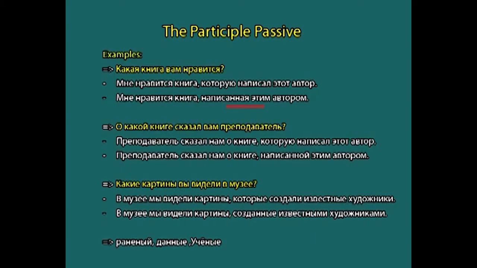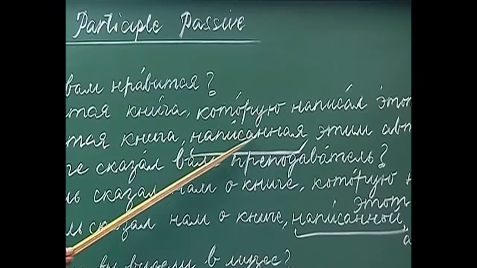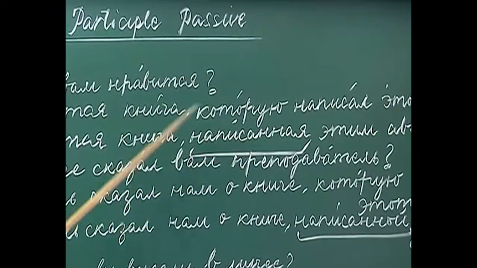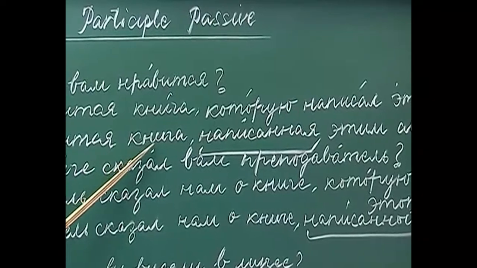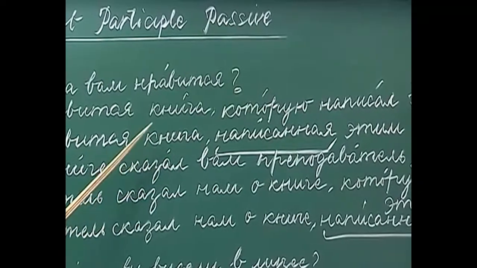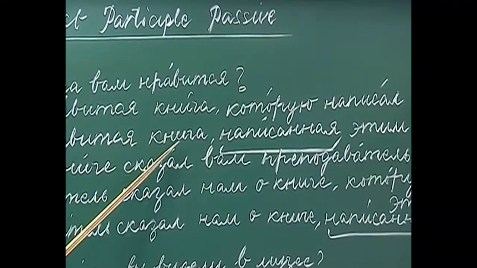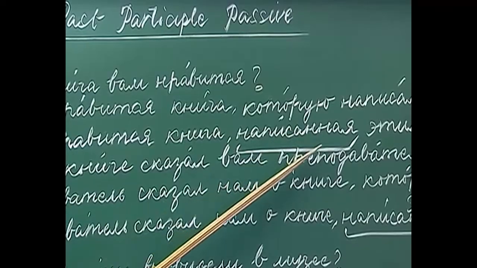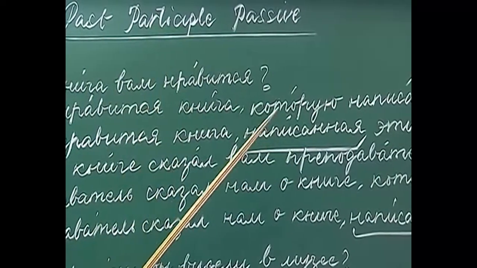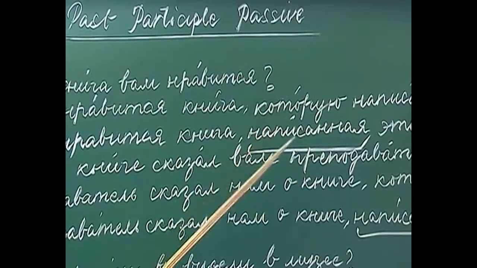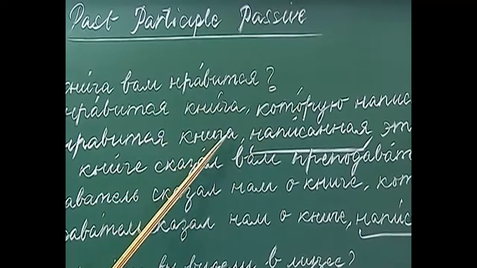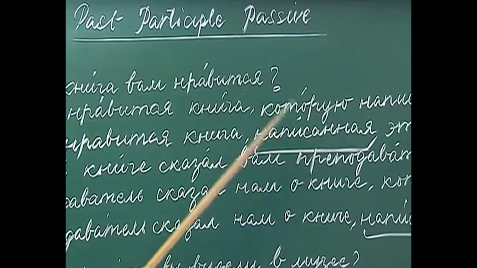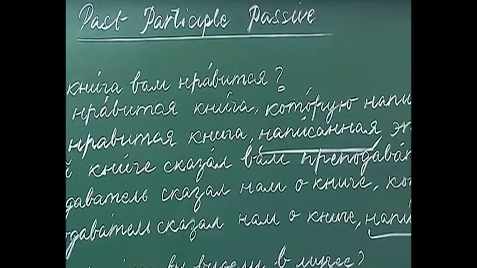So, here as you can see, написанная is the past participle passive, and the form of написанная depends on the form of the noun книга. Since it is a singular number, nominative case and feminine gender, the same gender, number and case will be followed in the past participle passive. That is why написанная is singular and then nominative case and feminine gender.